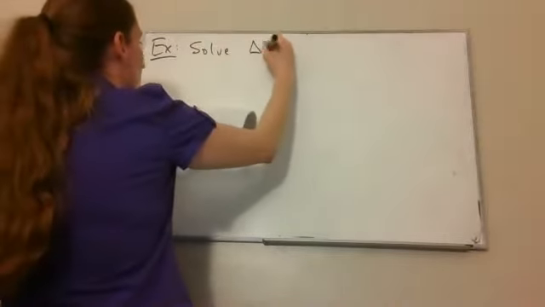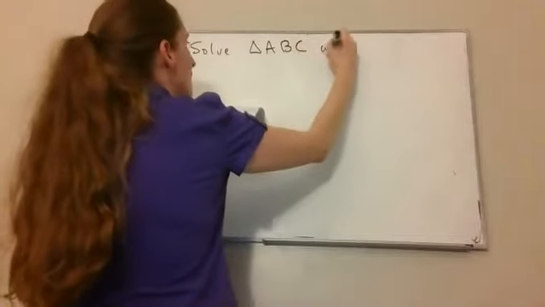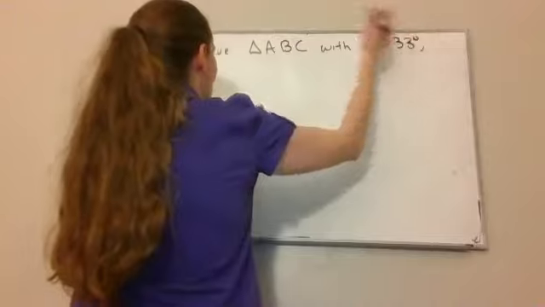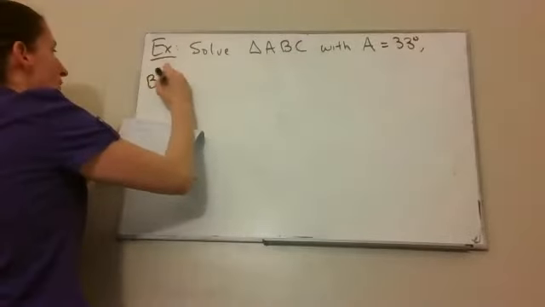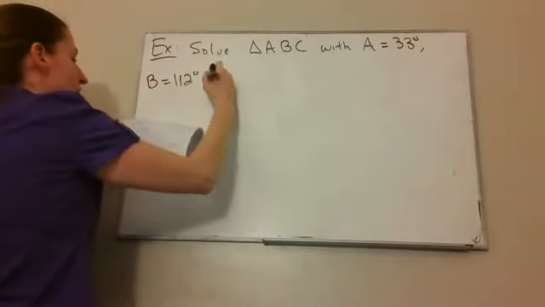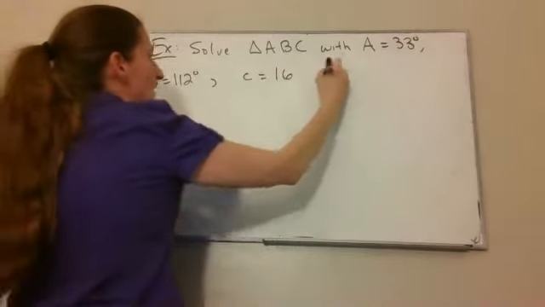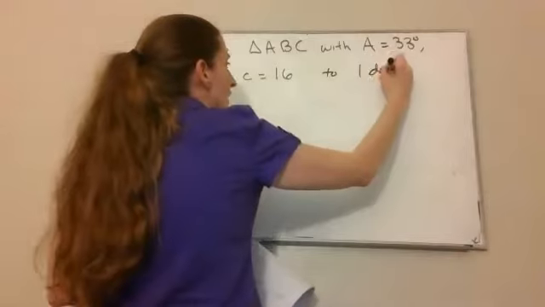Solve triangle ABC with angle A equals 33 degrees, angle B equals 112 degrees, and side c equals 16, to one decimal place.